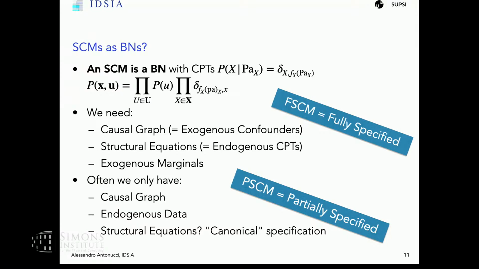We have the endogenous observation, and we should go back. But when we go back, we have a multi-valued specification of the P of U. So this is the setup. It's more complicated. In a real scenario, we have to cope with only partially specified structural causal models. Okay, I'm assuming that we have the equations, but let's say that we don't have them.